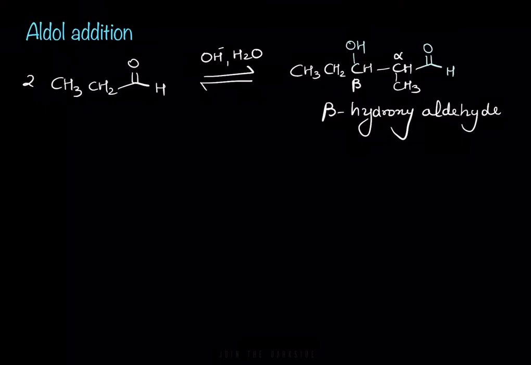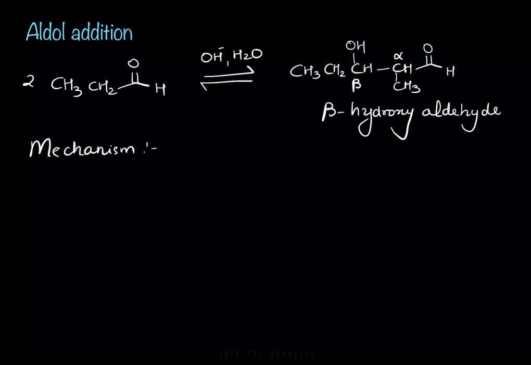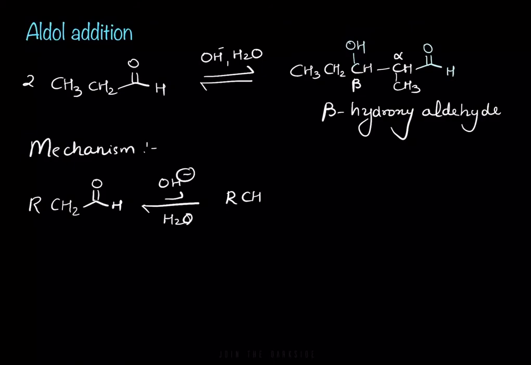Now let's look into the mechanism for this reaction. The mechanism is going to be very, very simple. There are only 2 steps involved in this. First, one of the molecules of the aldehyde is going to react with a base to form the enolate ion.